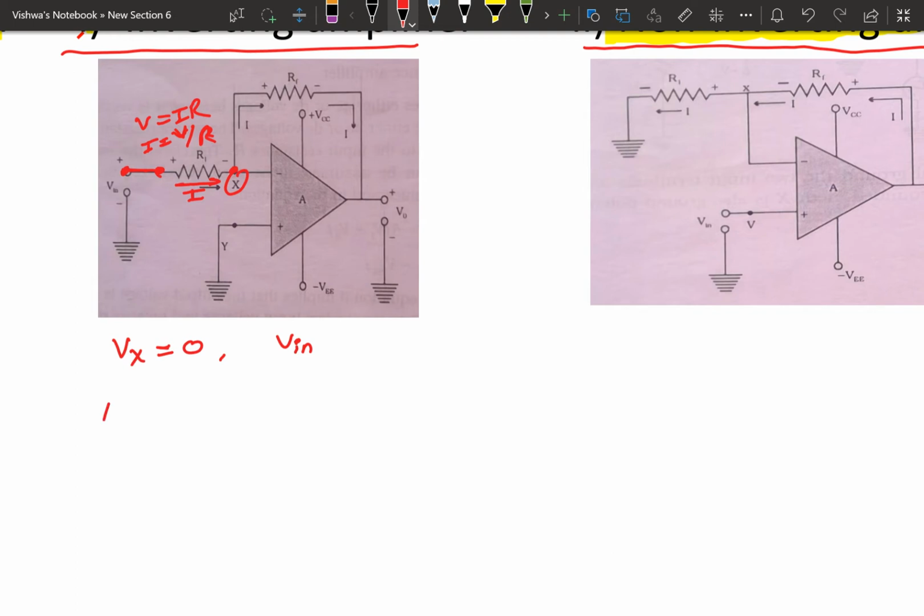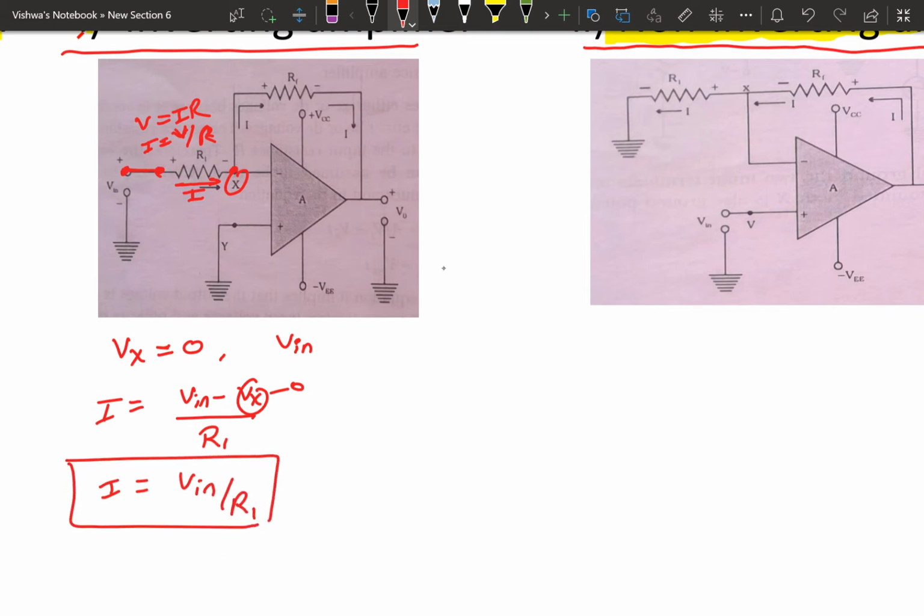So the current I equals Vin minus Vx divided by R1. Vx is at 0 potential, virtual ground potential, so I is equal to Vin divided by R1. Call this equation number 1.